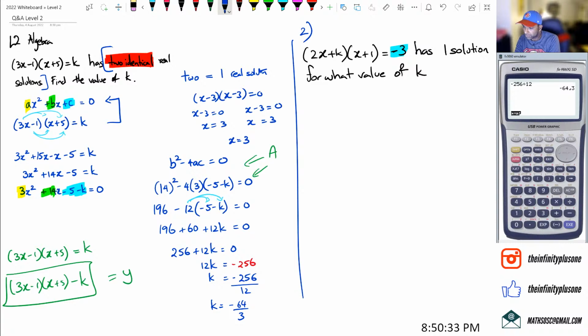I need to look at this question properly. Microsoft Word. Rotate.